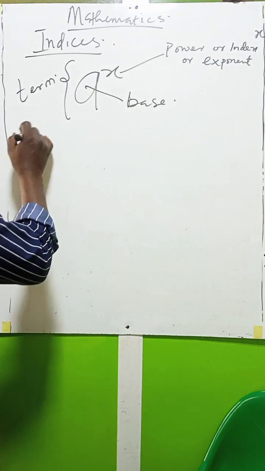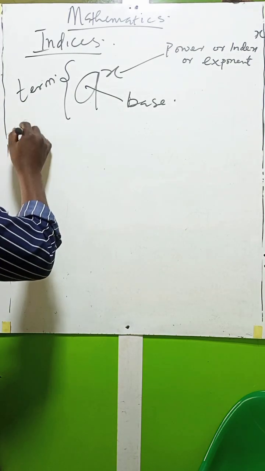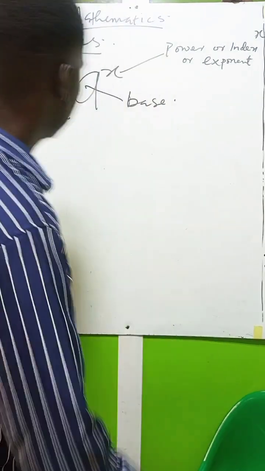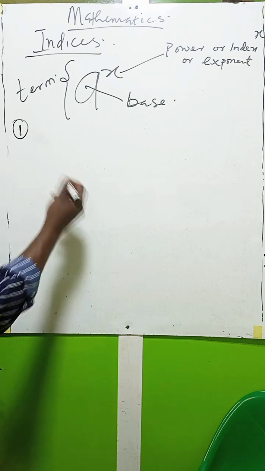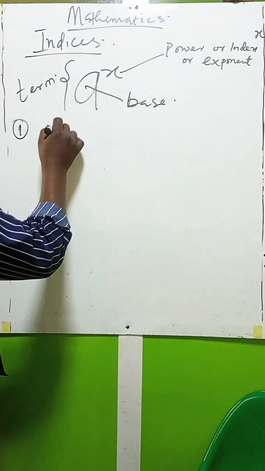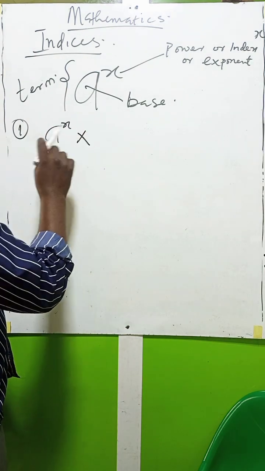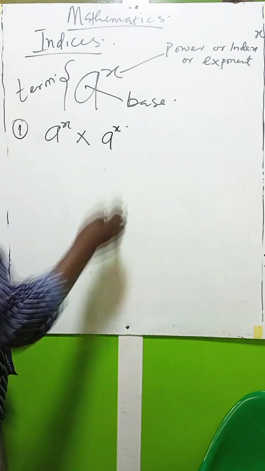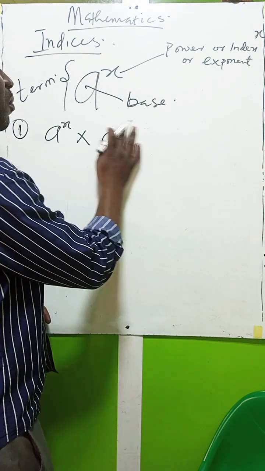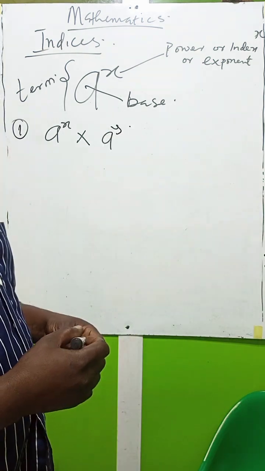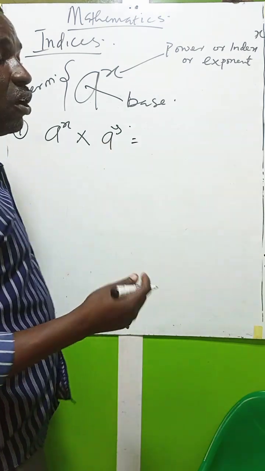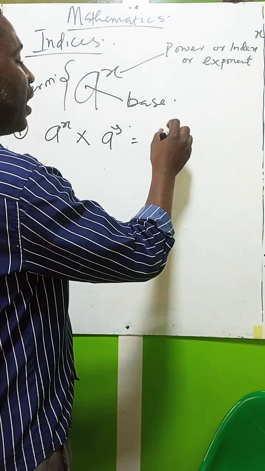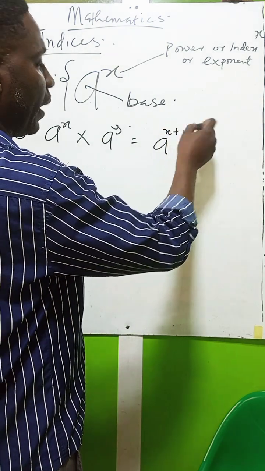Number one, the first law states that if we have a term multiplying another term, both terms having the same base but different power, what does this become? The law says that take a base since they are the same, a raised power, then add the power x plus y.